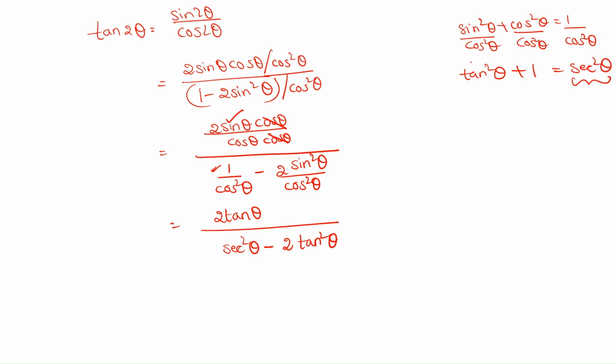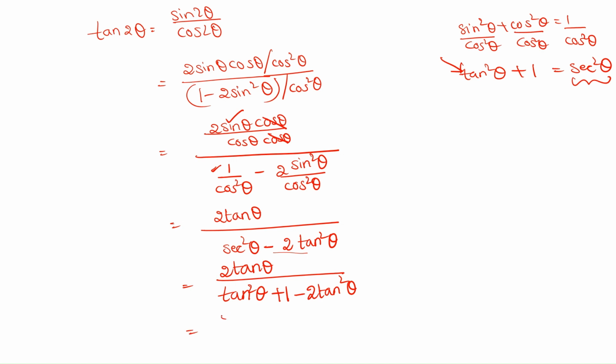This sec square theta, whatever we have got here, we will substitute in the denominator. So the numerator will remain as it is, and in the denominator, in place of sec square theta, we will get tan square theta plus 1. And the next term will remain as it is, minus 2 tan square theta.